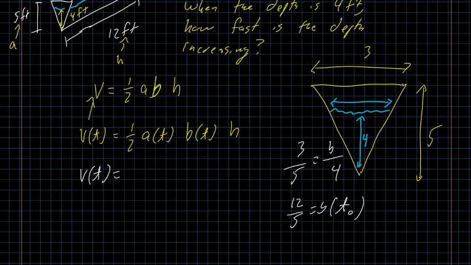All right, since h is not a function of time, I'm going to go ahead and plug in that value. 1/2 times 12 is 6. And at least setting that up gives me something that's a little bit easier to work with. But from here, I will differentiate implicitly.